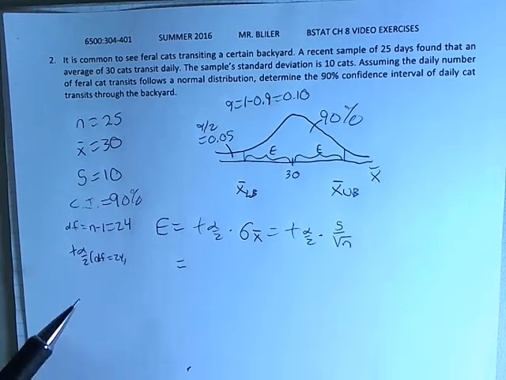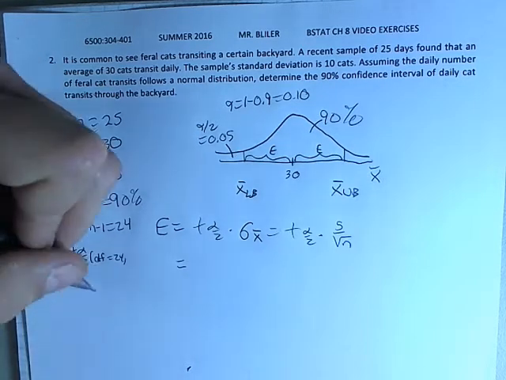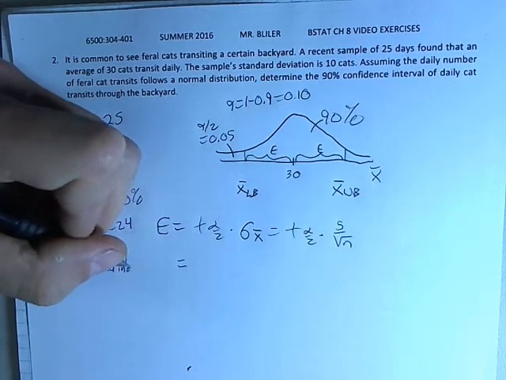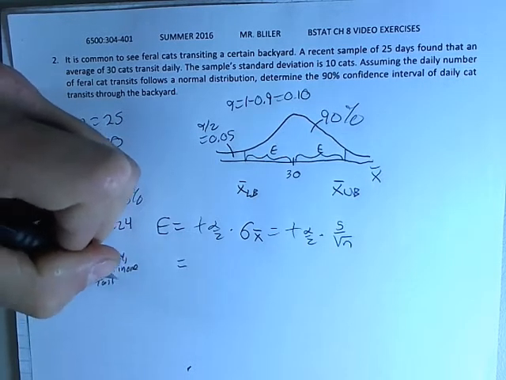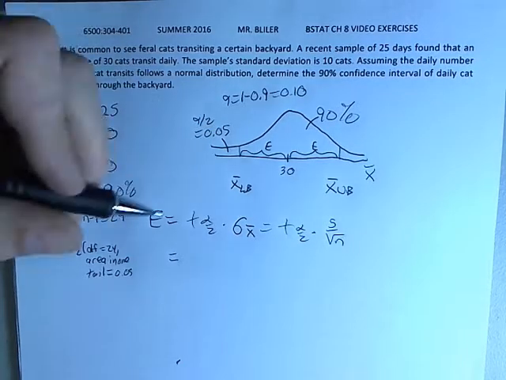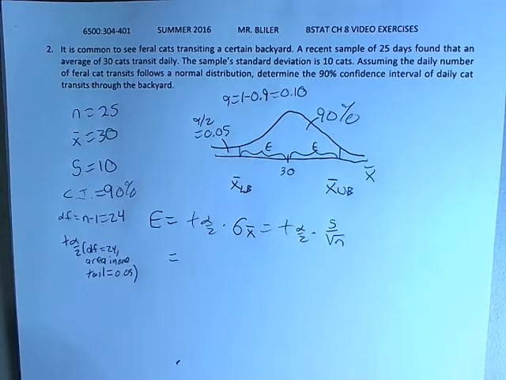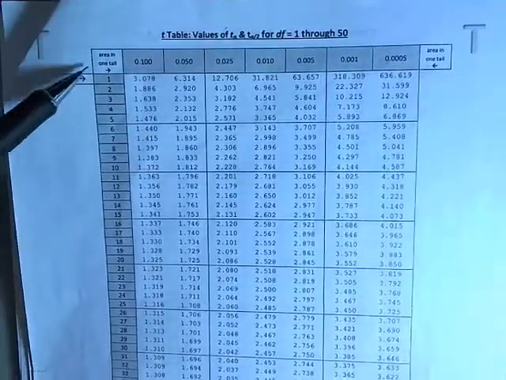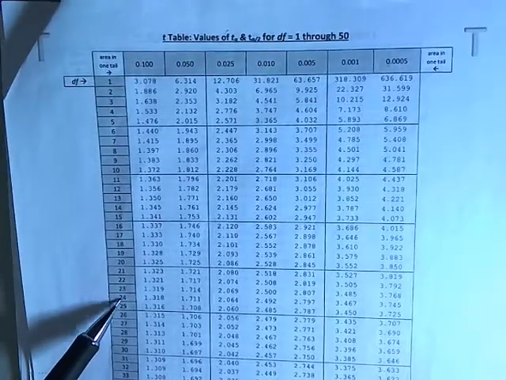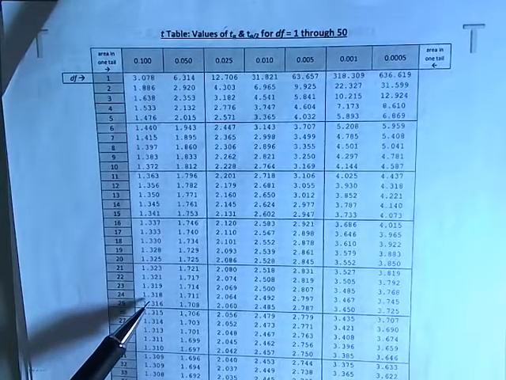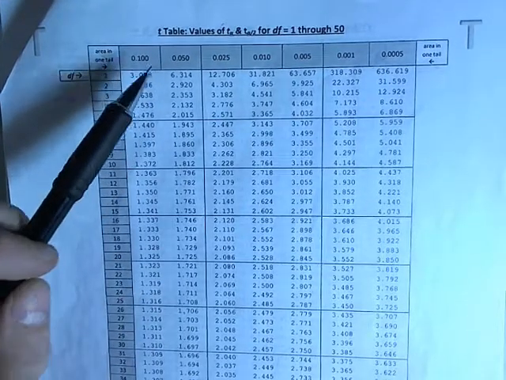And the second component of t alpha half is that the area in one tail is equal to that 5%, half of alpha. So knowing those two factors, let's go to our t-chart and we'll find the corresponding row for degrees of freedom 24, and we'll line that up with the correct column representing our area in one tail.